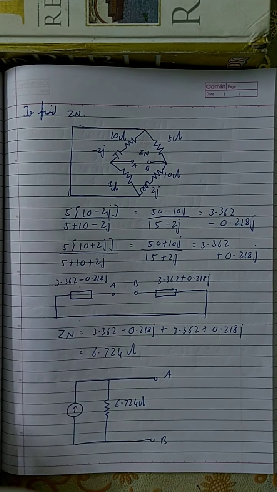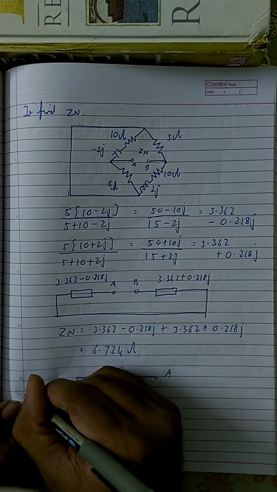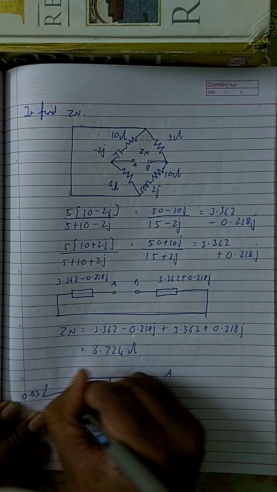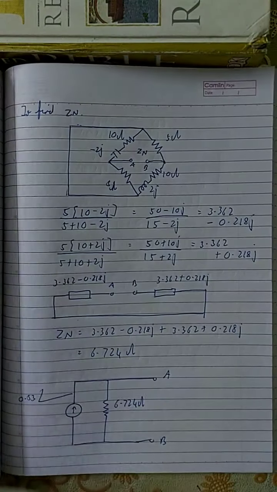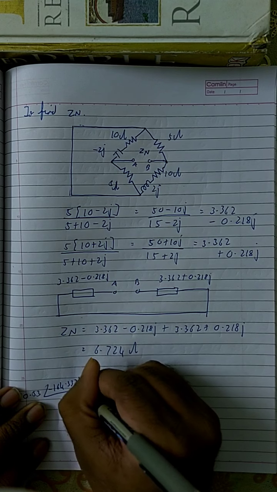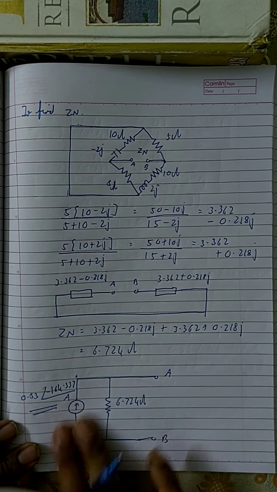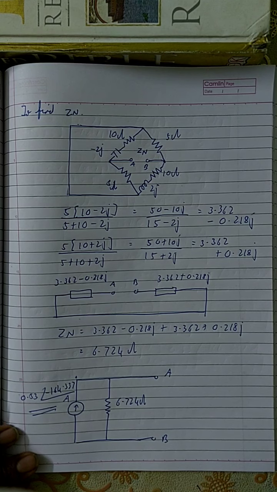And the value of the current source here you already found out: it is 0.53 angle minus 164.337 degrees amperes. This is the value you got. This is the Norton's equivalent of the given circuit.